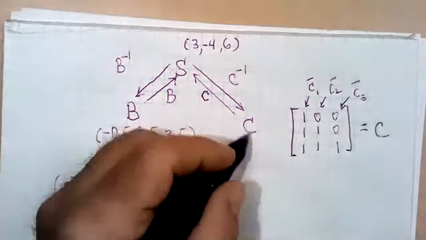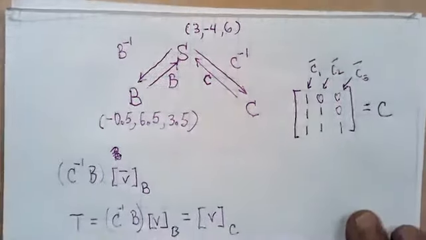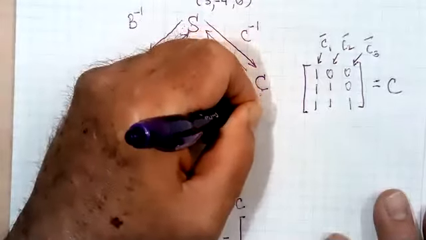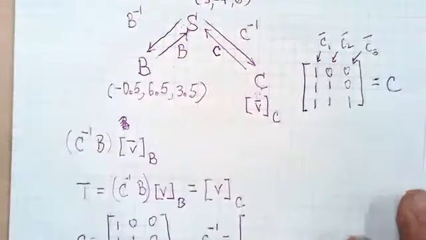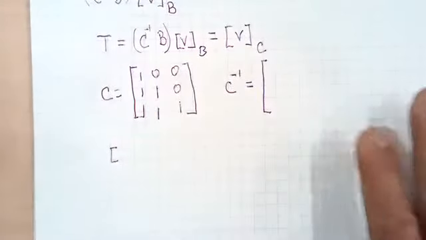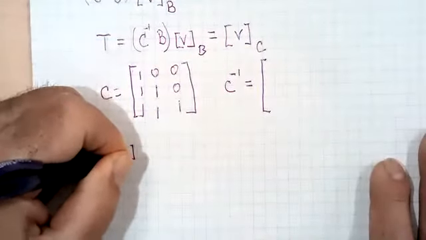What would the coordinates be here in C? What we're asking for then is the same vector V, but relative to C. How do you do that? So down here, I want the coordinates of V relative to C.